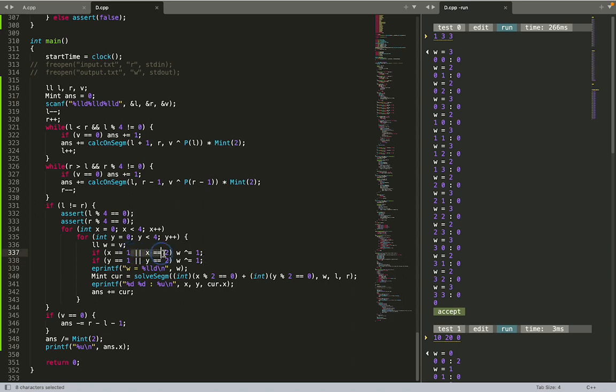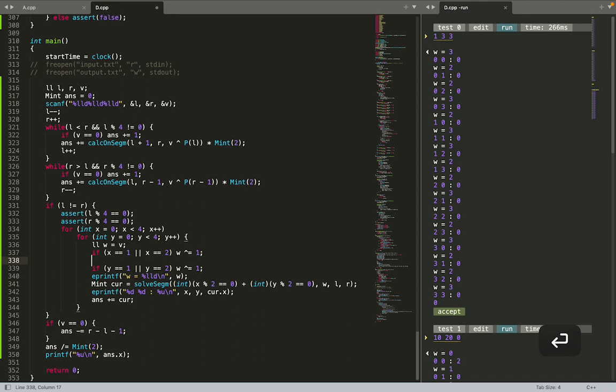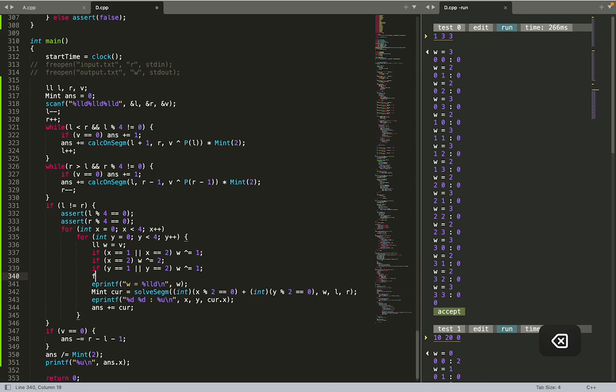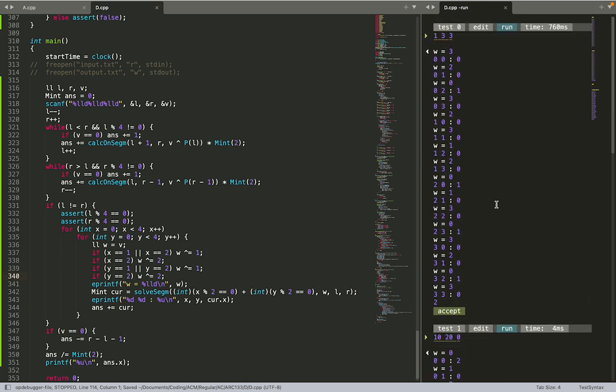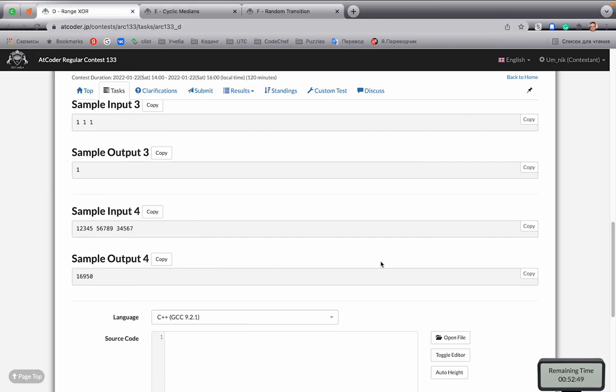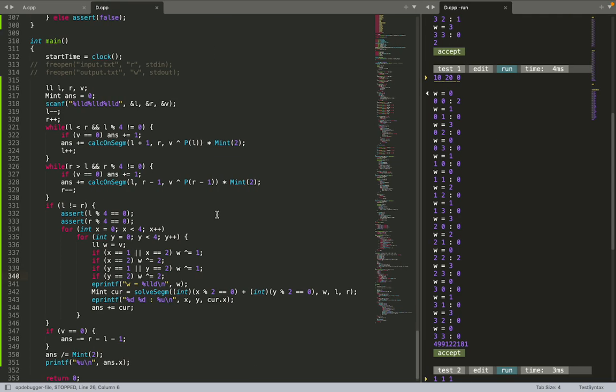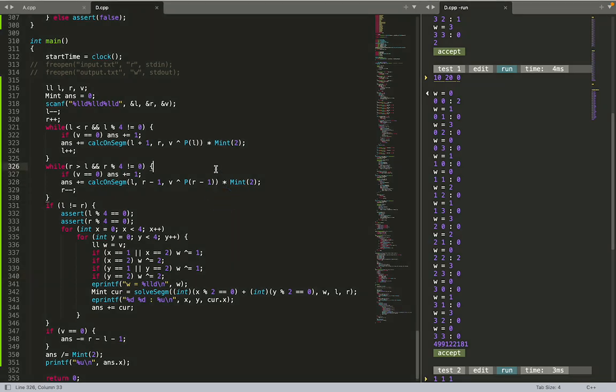Oh, right. If x is 2, then I need to XOR by 3. Problem might be here.